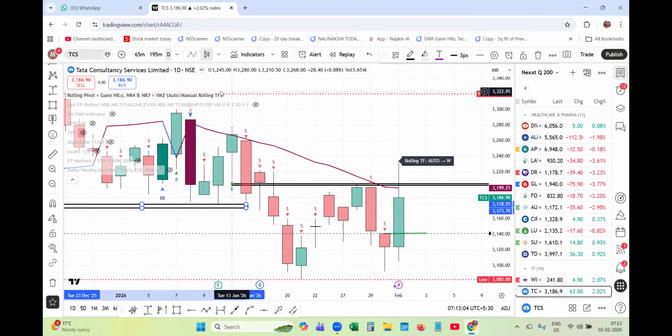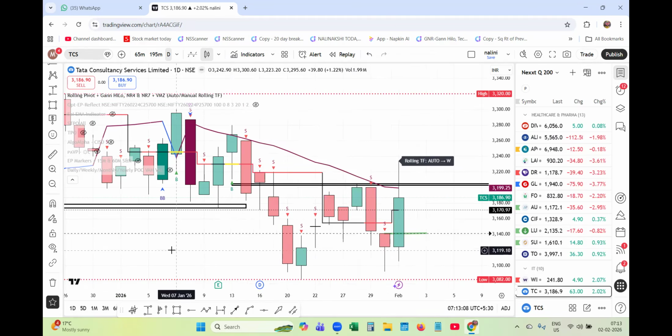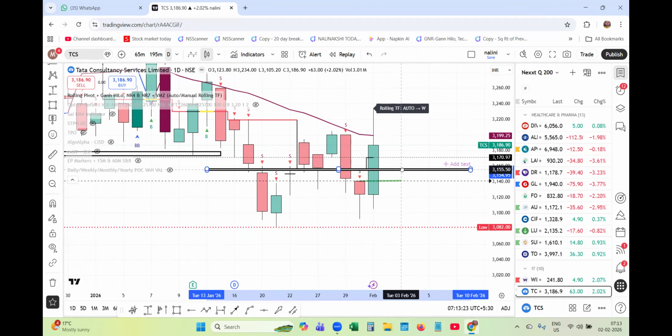Let me enable show rolling pivots. So still it is neutral, and Gann Helio, it is below the Gann Helio. But price is above the pivot point. This is the pivot point. Pivot is 3155.